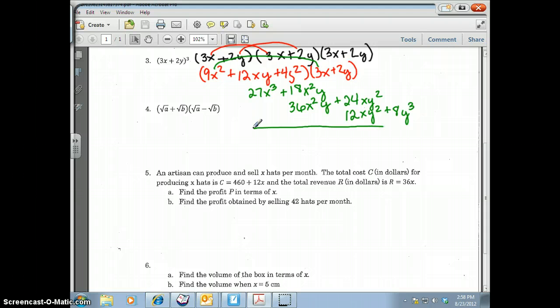Now you can add together all those like terms, and your final answer is 27x cubed plus 54x squared y plus 36xy squared plus 8y cubed.